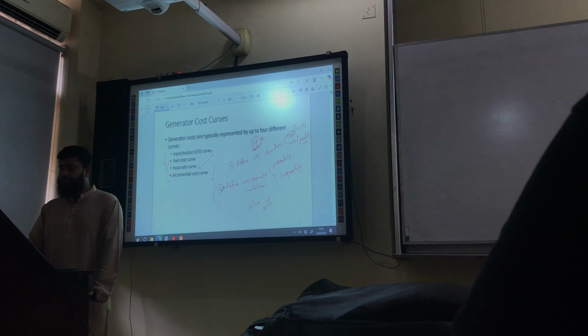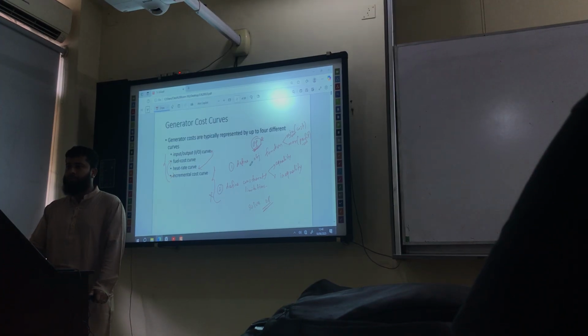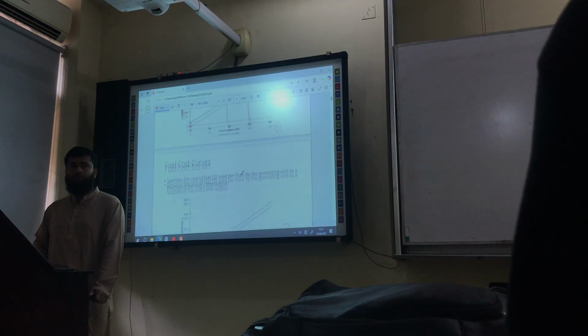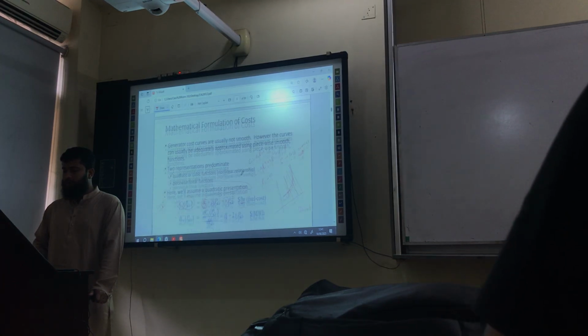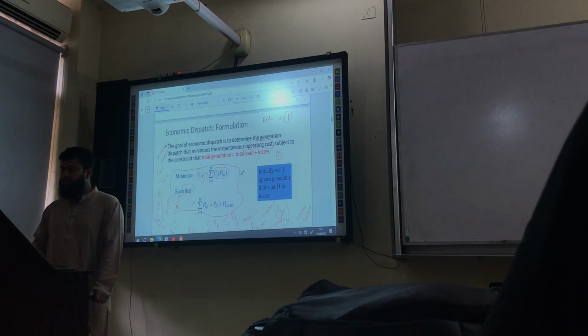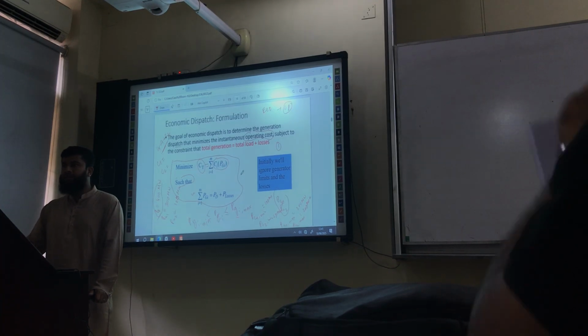If we ignore the constraint part, that will be our unconstrained optimization. Whenever we consider the constraints, that will be constrained optimization. So there are two types of optimization: unconstrained and constrained. First we will solve the unconstrained ELD, then we will go to the constrained ELD.